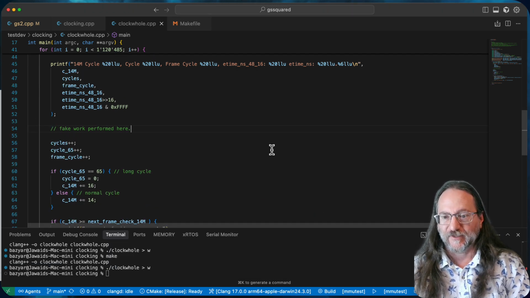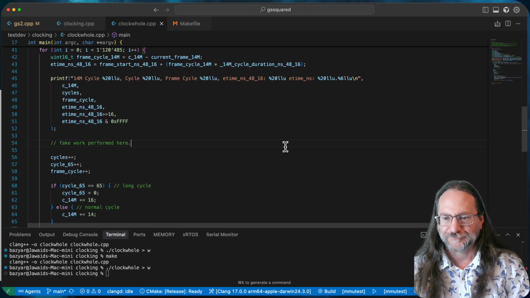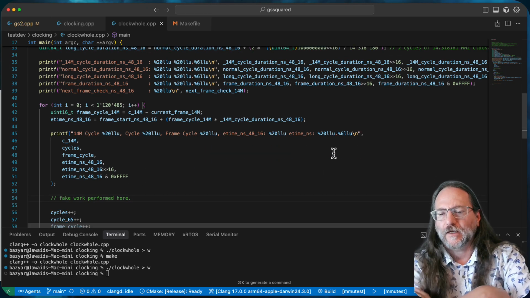Well, let's look at the code here, and particularly this calculation. Okay.